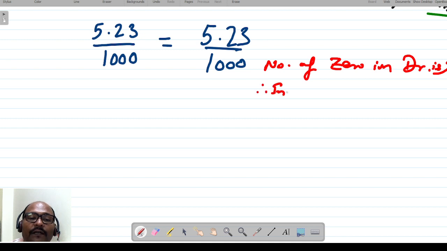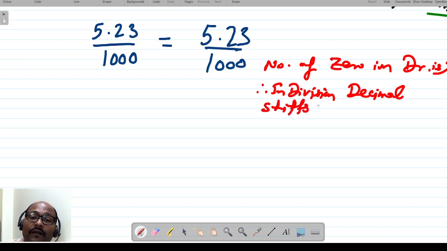Therefore, in division, the decimal shifts where? It shifts to the left, as we discussed in the previous slide.